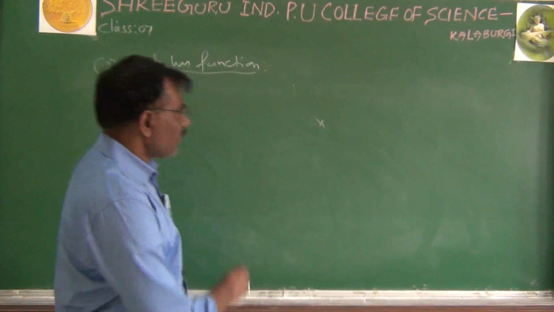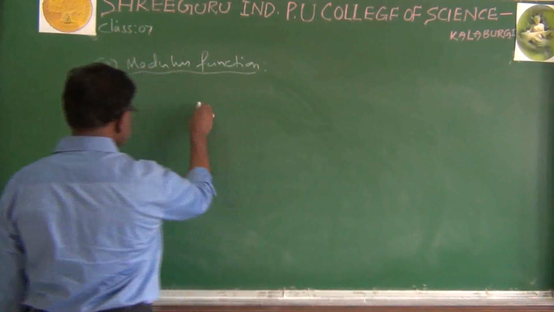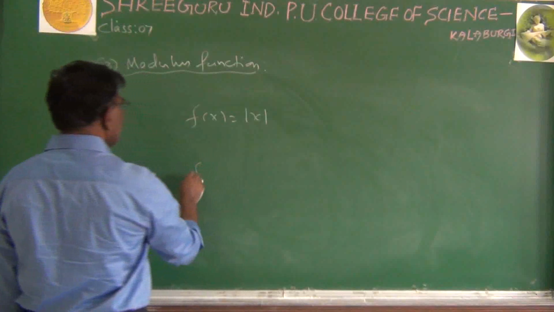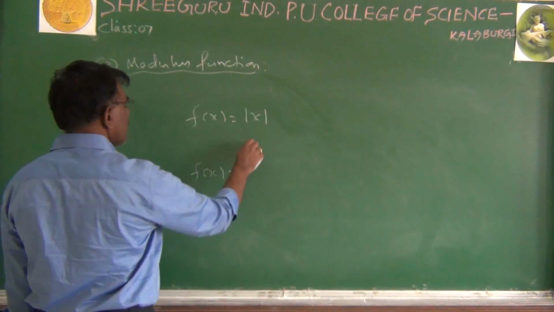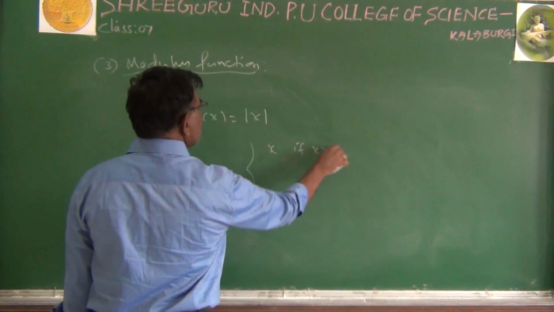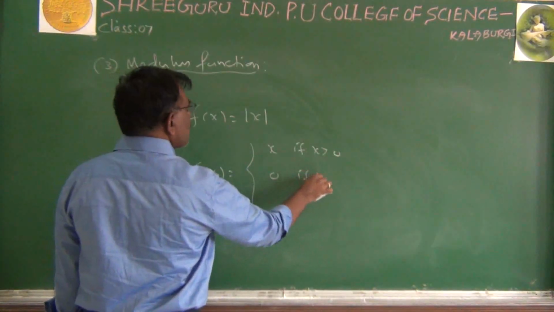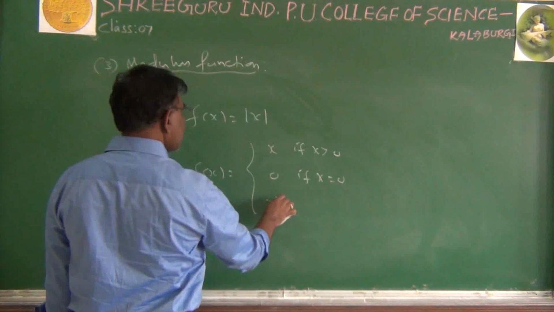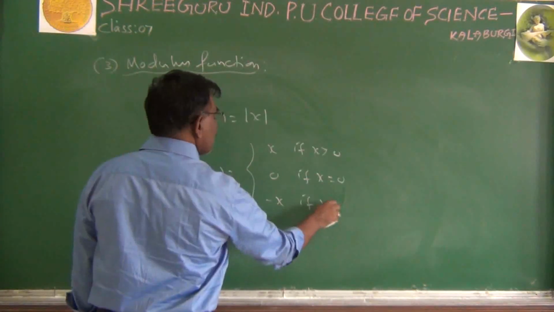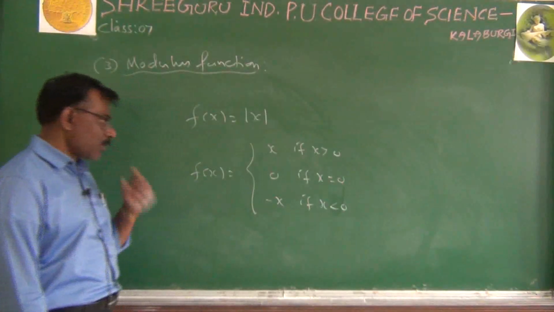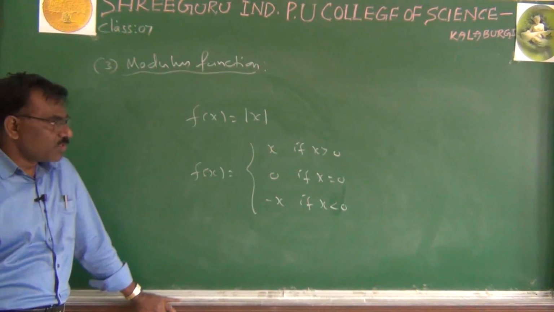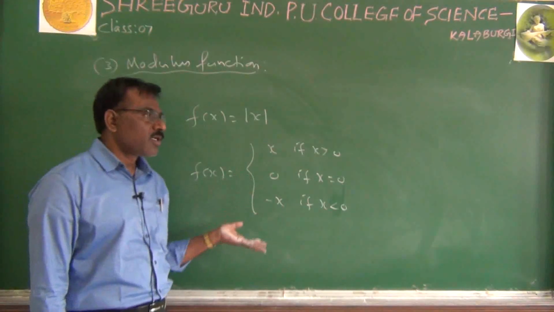So f of x equal to mod x can be written as x if x is positive, 0 if x is equal to 0, and minus x if x is less than 0. This is called the modulus function, and it can be written this way in continuity.